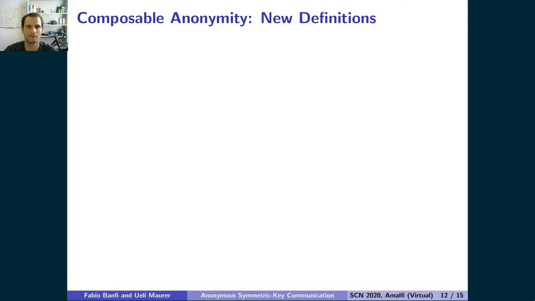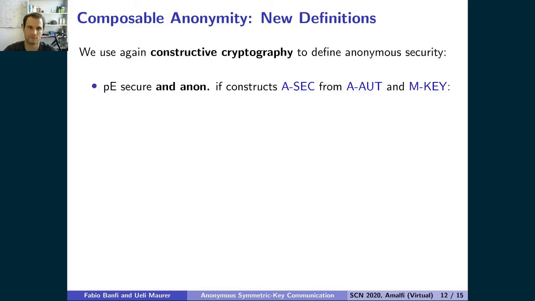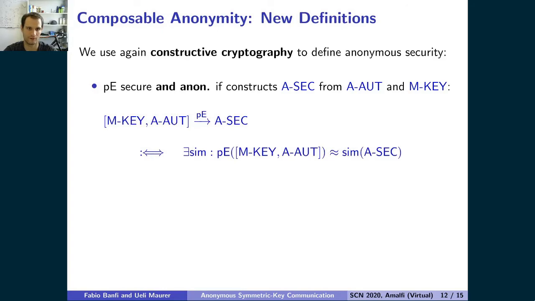We now give the new security definitions of composable anonymity, again using constructive cryptography, and we state that a probabilistic encryption scheme is secure and anonymous if it constructs the anonymous secure channel from the anonymous authentic channel and a multi-key resource. Formally, we write this as follows.